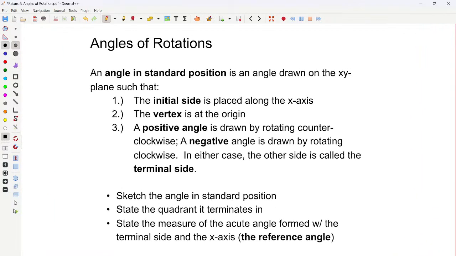And we imagine that the initial side is on the positive x-axis. Oh, I should write that in there. Positive x-axis. So it's like we're going to start over here. You're going to bend at the origin. Your vertex is the origin.